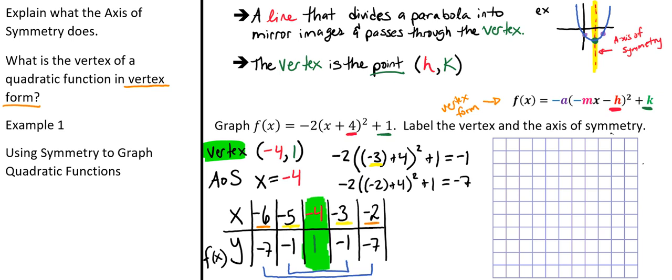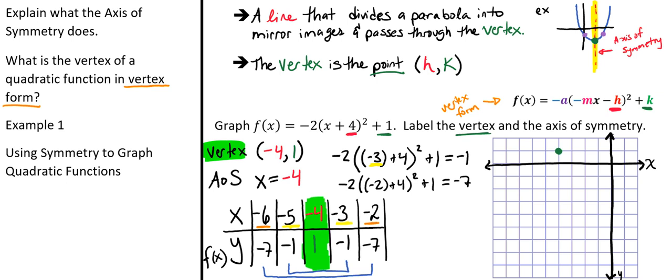All right, so we're going to see that we're mostly in the fourth quadrant here. So when I set up my coordinate plane, I'm going to put my x-axis right there and my y-axis right there. And now we're ready to graph. So I personally like to start off by graphing my vertex first. I'm going to go ahead and do that. So (-4, 1).